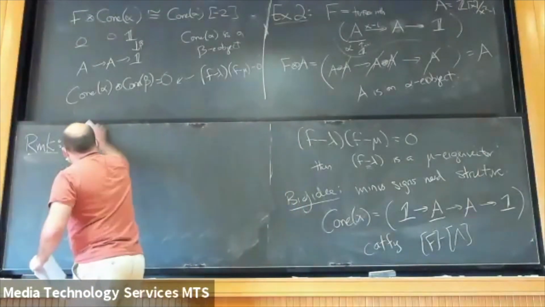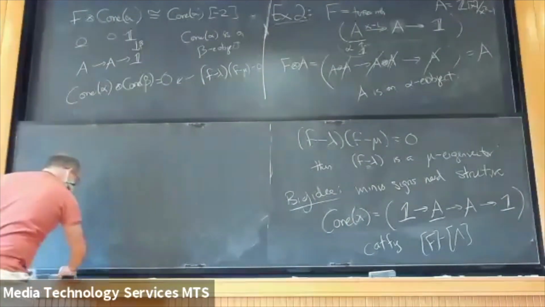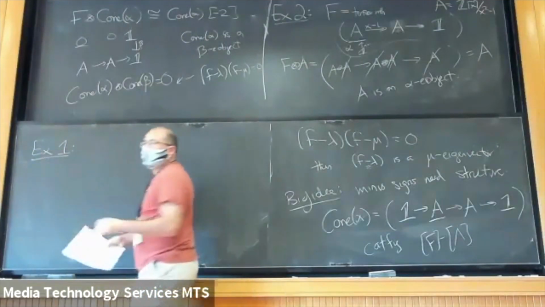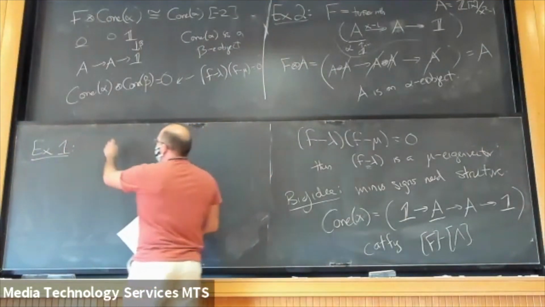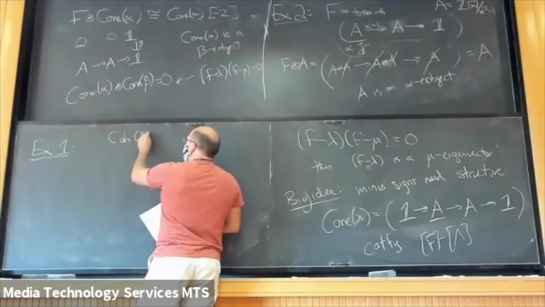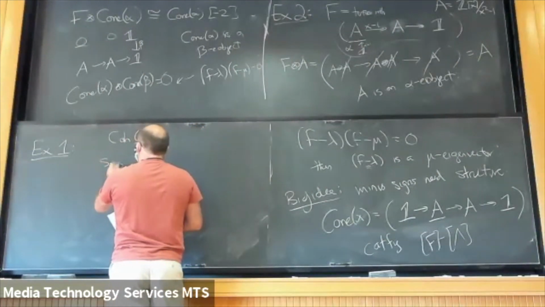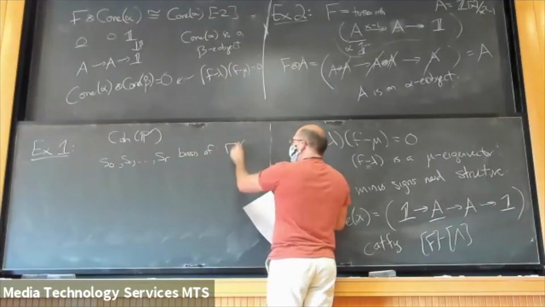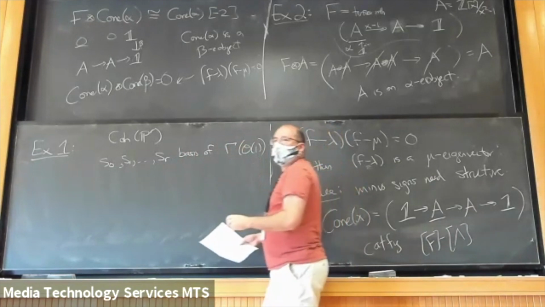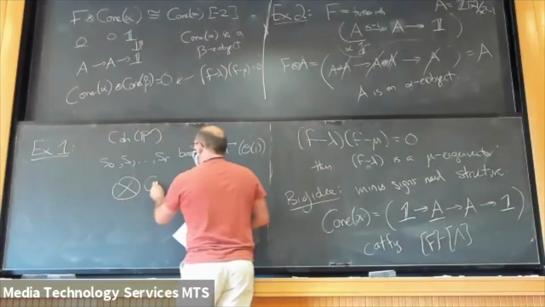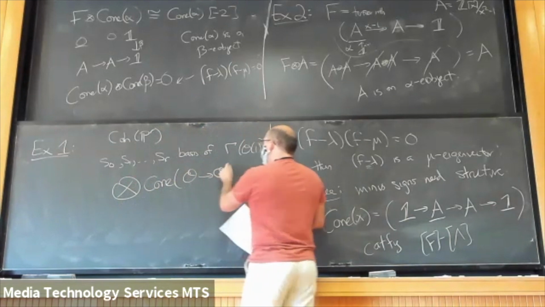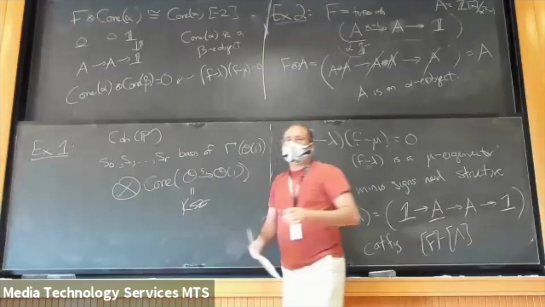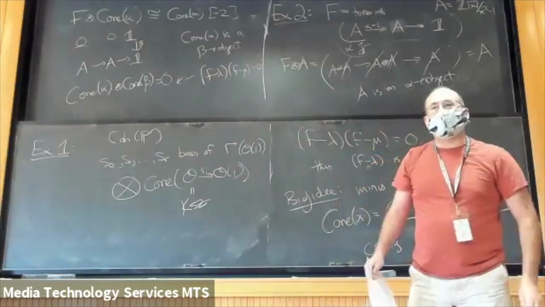So in example 1, which is coherent sheaves on projective space, if you chose s0, s1, ..., sr, a basis of sections of O(1), then the tensor product of the cones of the sections is the Koszul complex, which resolves the place where all the sections simultaneously vanish.